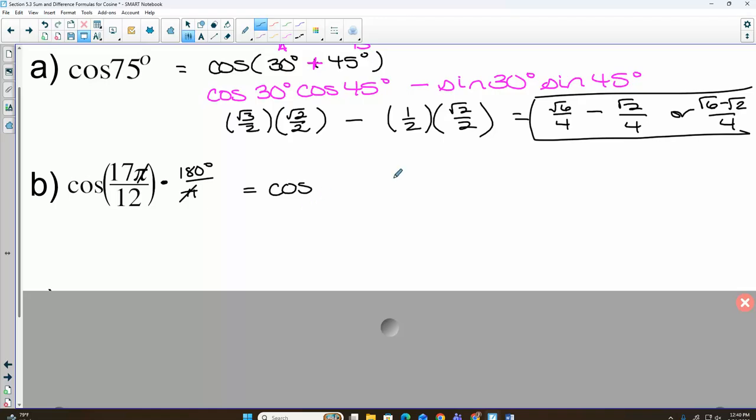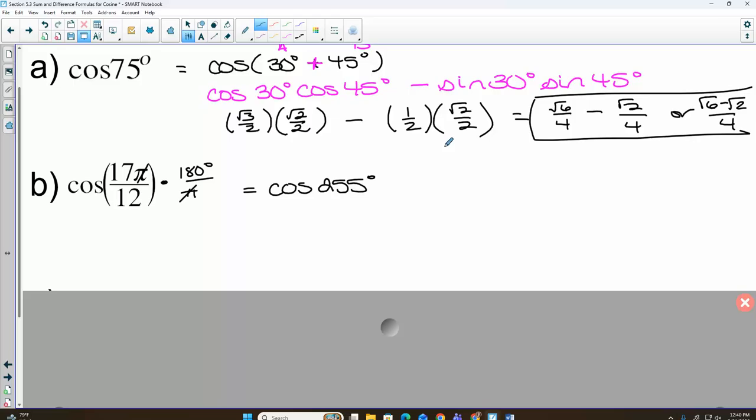Okay, so if we do that, it gives me 255 degrees. And that's always where I start if I'm given radians. I think it is way easier to think about adding and subtracting whole numbers than it is fractions. So that's what I do first.